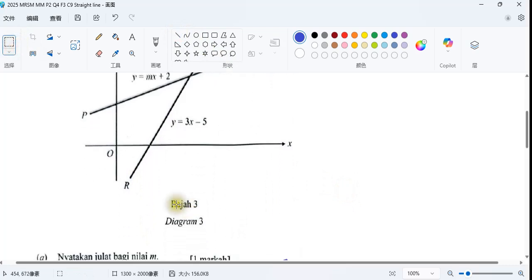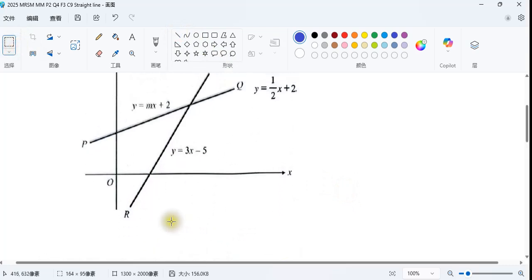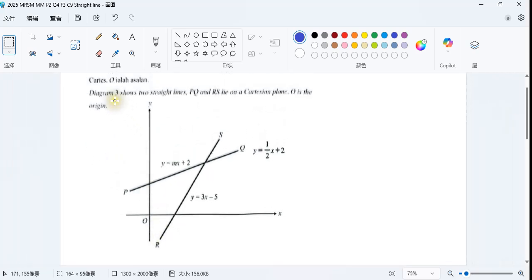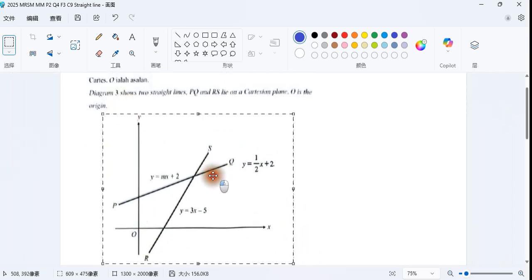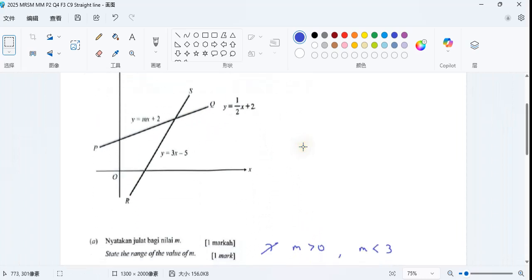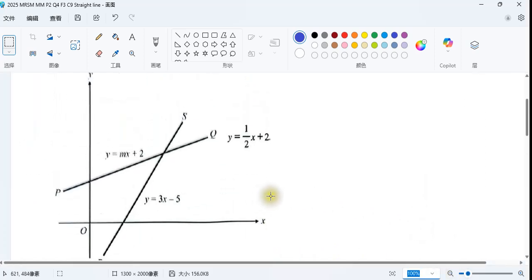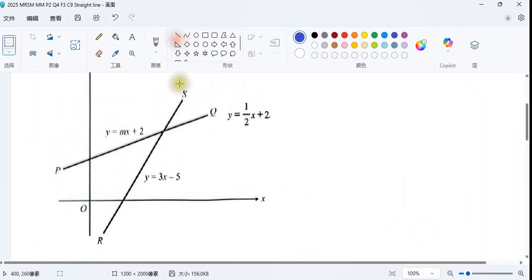And then we have RS here, reflected in the y-axis. So what we will have is something like this. RS is here, and when we reflect this in the y-axis, it becomes something like this.